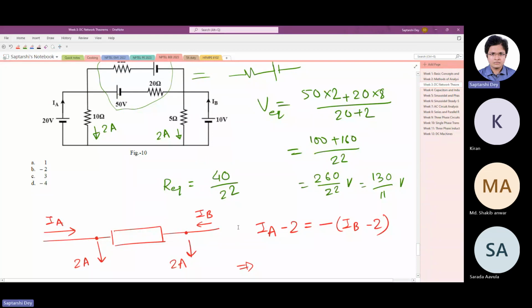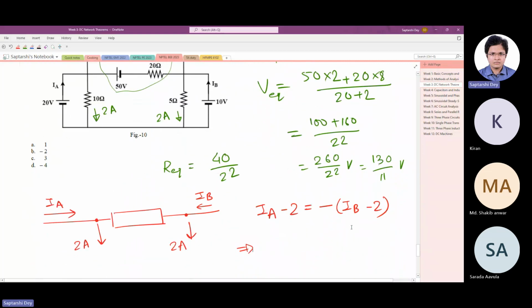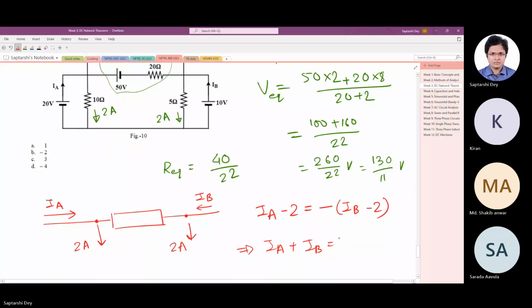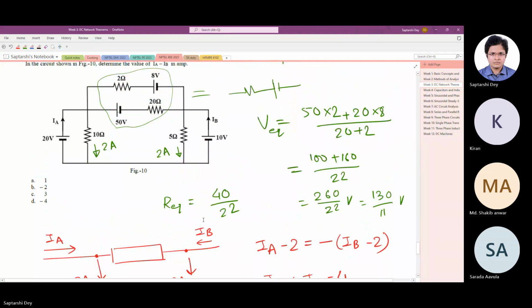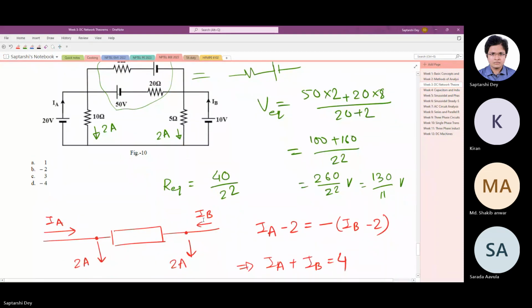No, but this is giving us IA plus AB. IA minus 2 is going that way, and IB minus 2 goes this way.